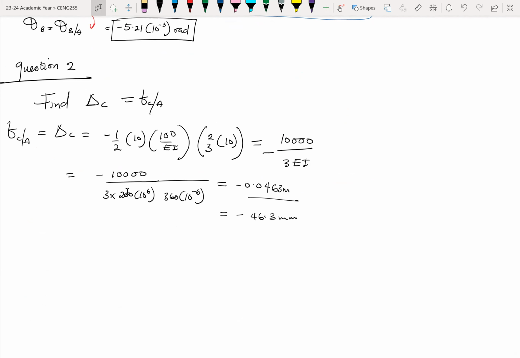Now let's look at a more interesting example. Should I jump this example? Because of time constraint. Okay, let me just look at this.